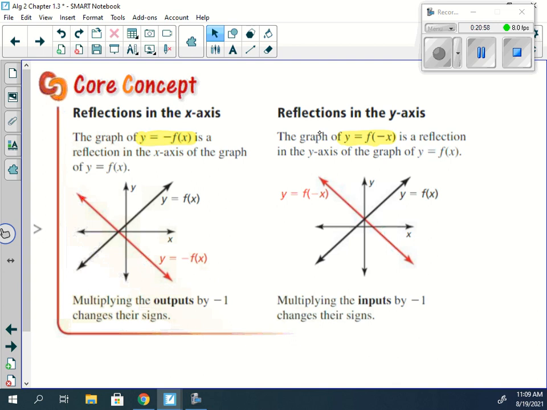So the reflection in the x-axis, across the x-axis, is taking it and flipping it across that line. A reflection in the y-axis is reflecting it across the line x equals 0. So y equals negative f of x is the x-axis. Y equals f of negative x is the y-axis.